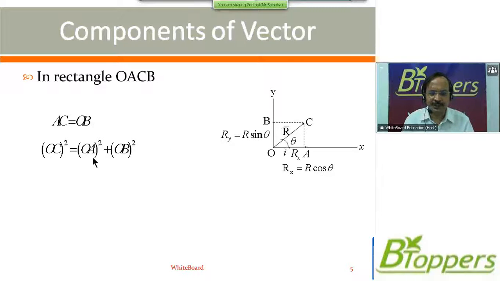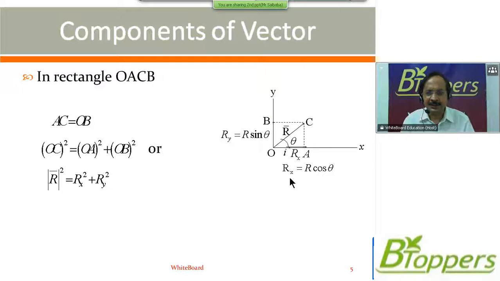Therefore we can write OC square equal to OA square plus OB square. Length of line OA gives you Rx. Length of line OB gives you Ry. Rx and Ry are called the scalar components of vector R bar along x and y axis.